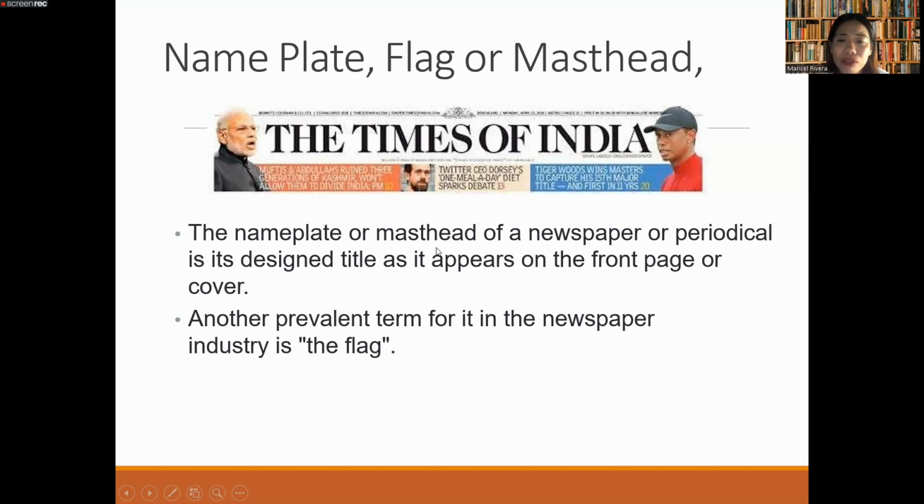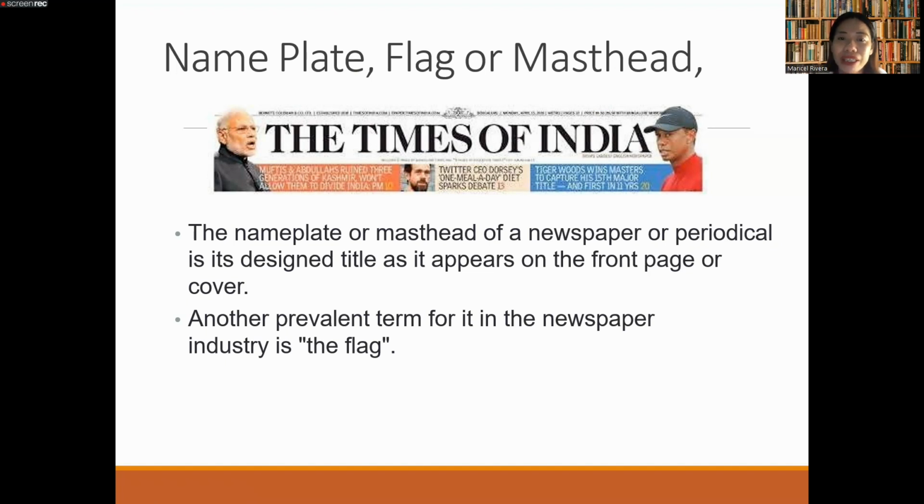Now, the nameplate or masthead of a newspaper or periodical is its design title as it appears on the front page or the cover. So you have to make sure that the title of your newspaper is really catchy as well.